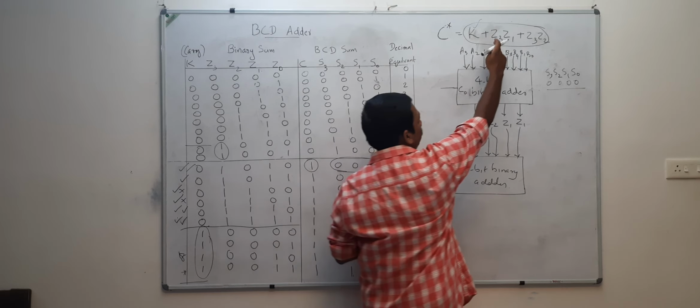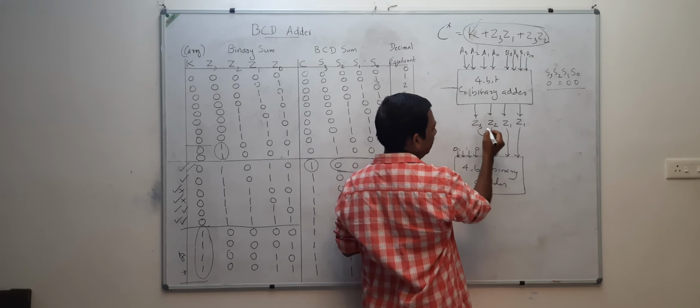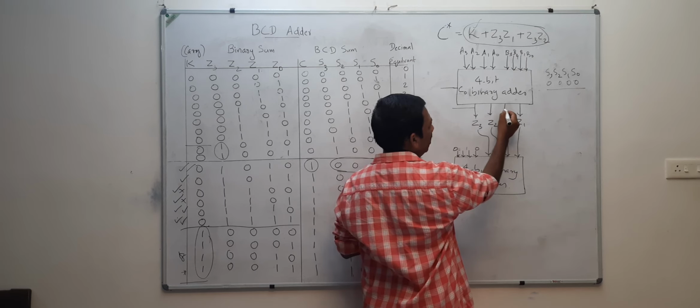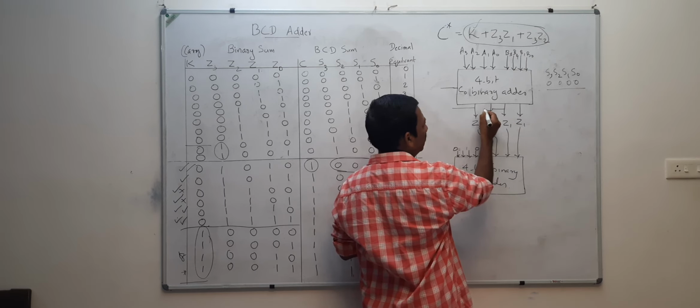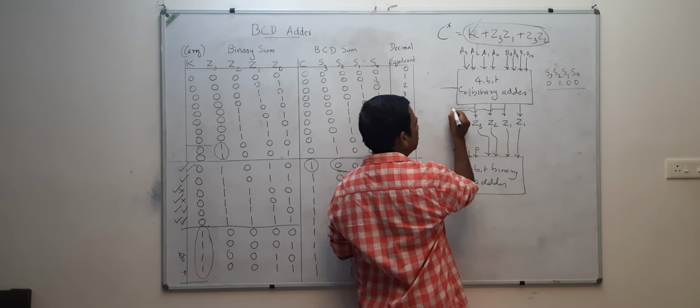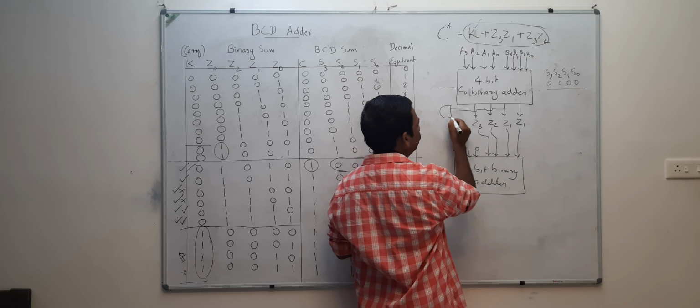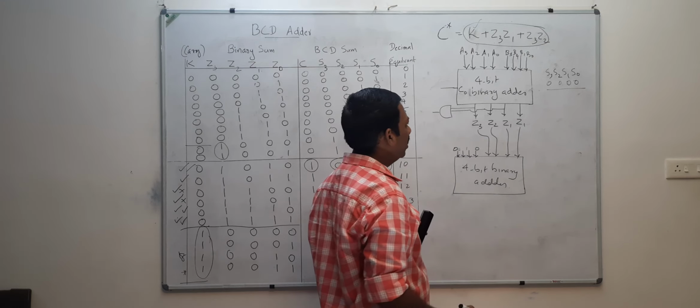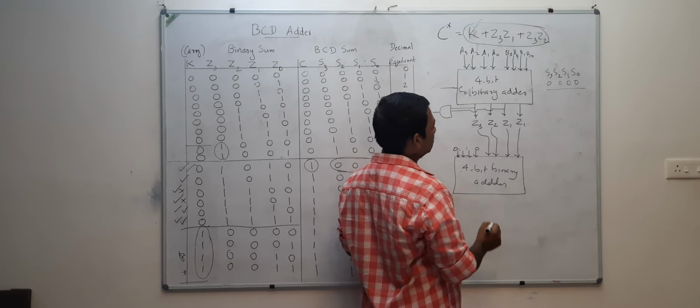Now you have to find out Z3 Z1. Z3 Z1 is Z3 into Z1. That means here you have to take this, and from here you are multiplying, and this is Z3 Z1. And what is Z3 Z2?